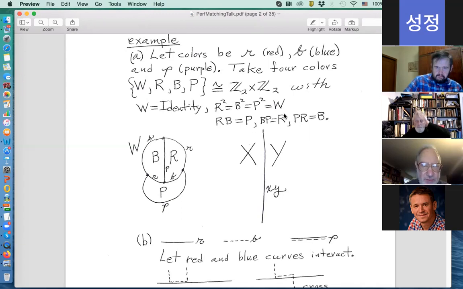Now, if you think of that structure and start with a coloring of the map that you have produced by the 3-valent graph in the plane, and color some region white, and you have a coloring of the edges, then you multiply. White times blue is blue. Blue times purple is red. Red times red is white, and so on.